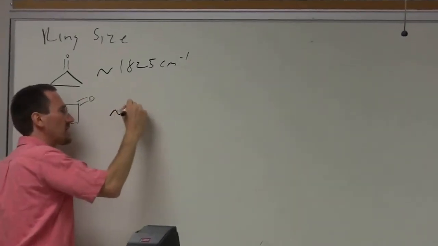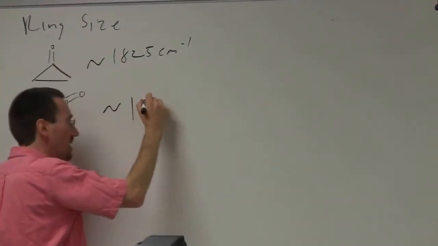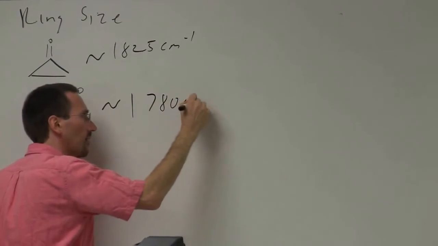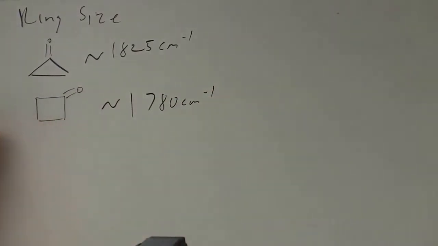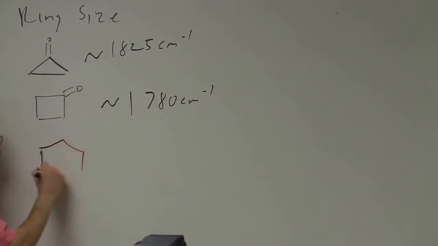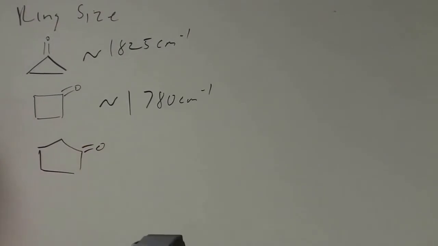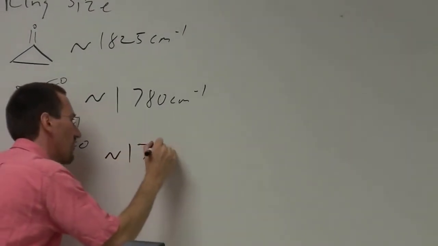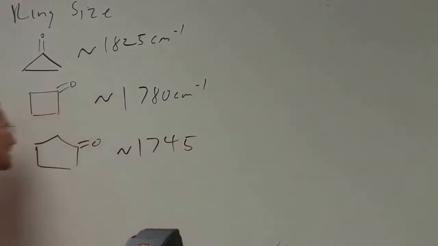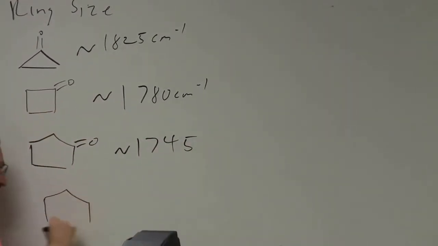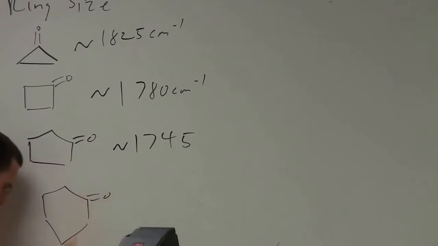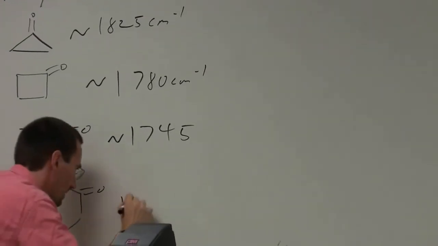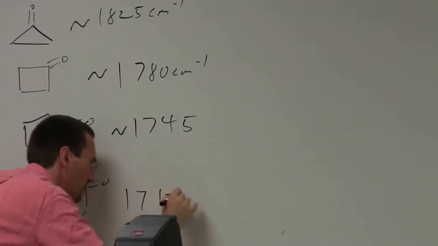Cyclobutanones are at about 1780. Cyclopentanones still have a little bit of ring strain, at about 1745. And as I said, by the time you're at cyclohexanones, you're right back where you'd expect to be, about 1715.